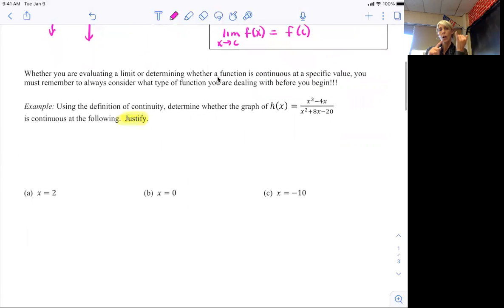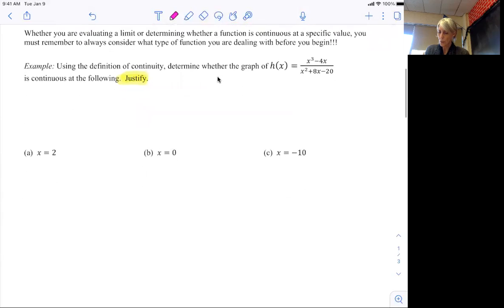All right, so rational function. Whenever I'm dealing with a rational function, I know that my denominator is going to affect what happens. When the denominator is 0, I either get holes or asymptotes.